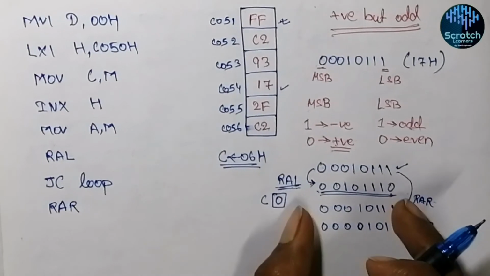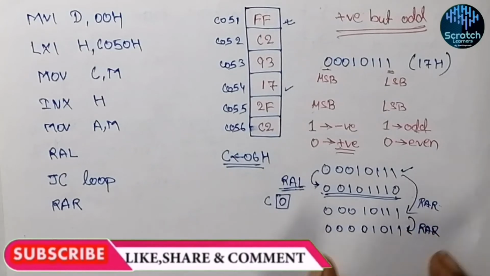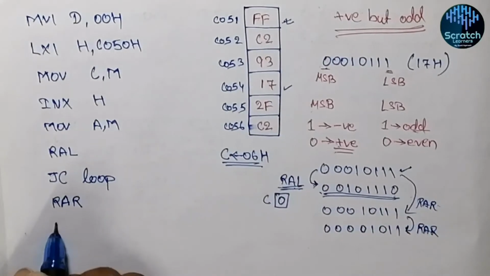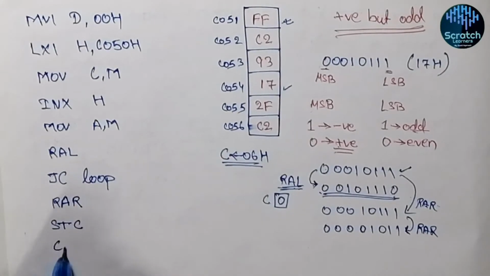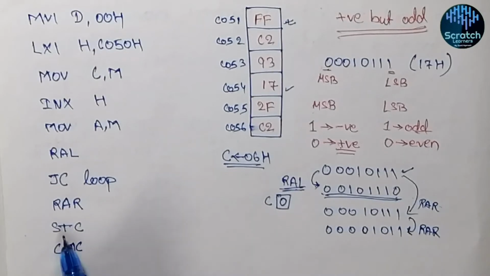Now we need to rotate this one towards right to check for an odd or even number. But before doing that, I'll perform two steps, STC and CMC. So what is the use of these? STC stands for set the content of the carry flag.